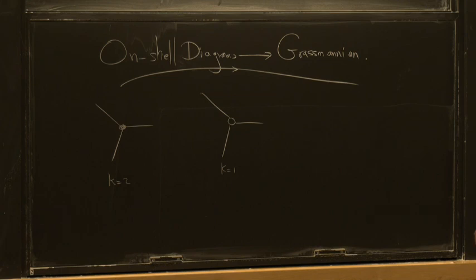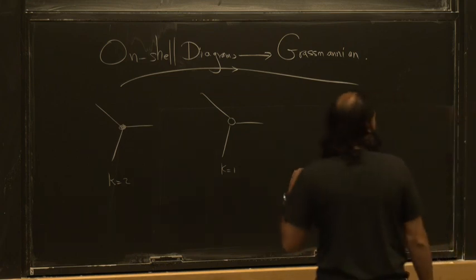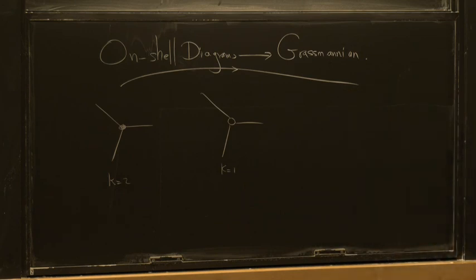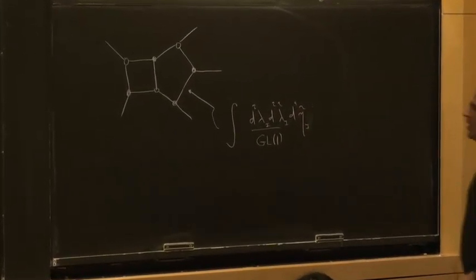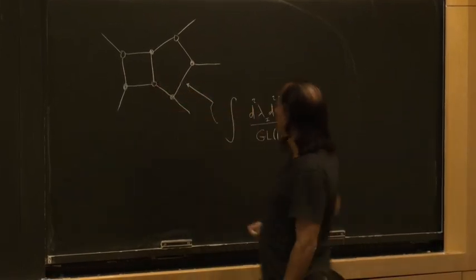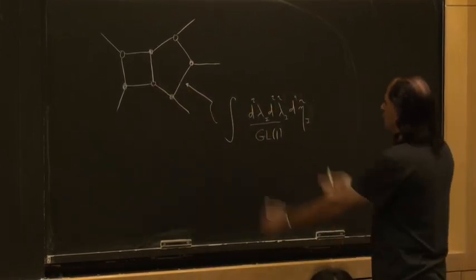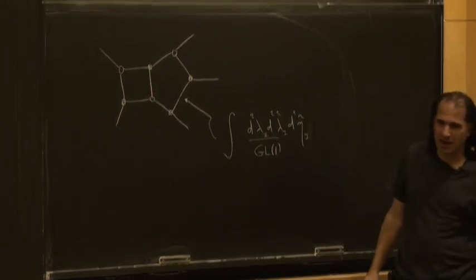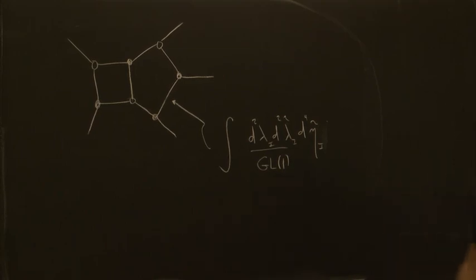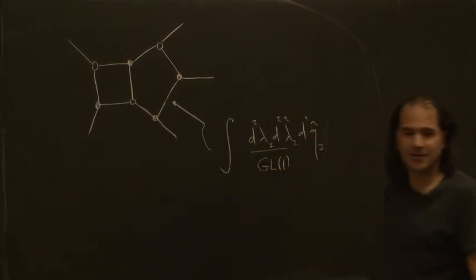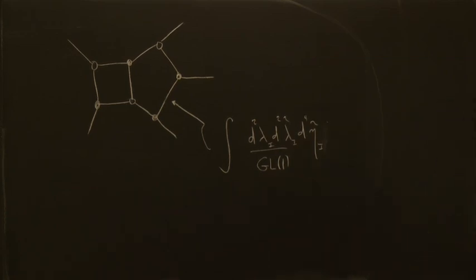So we're gluing these basic 3-particle objects together, and we'd like to learn how to integrate out all the internal on-shell particles. And the practical difficulty is that if we do this in the most naive way, it's not so trivial to do these integrations because momentum conservation at all the vertices imposes quadratic constraints on the lambdas and the lambda tildes, so I can't just trivially solve for the lambda and the lambda tilde with delta functions to do the integrations.